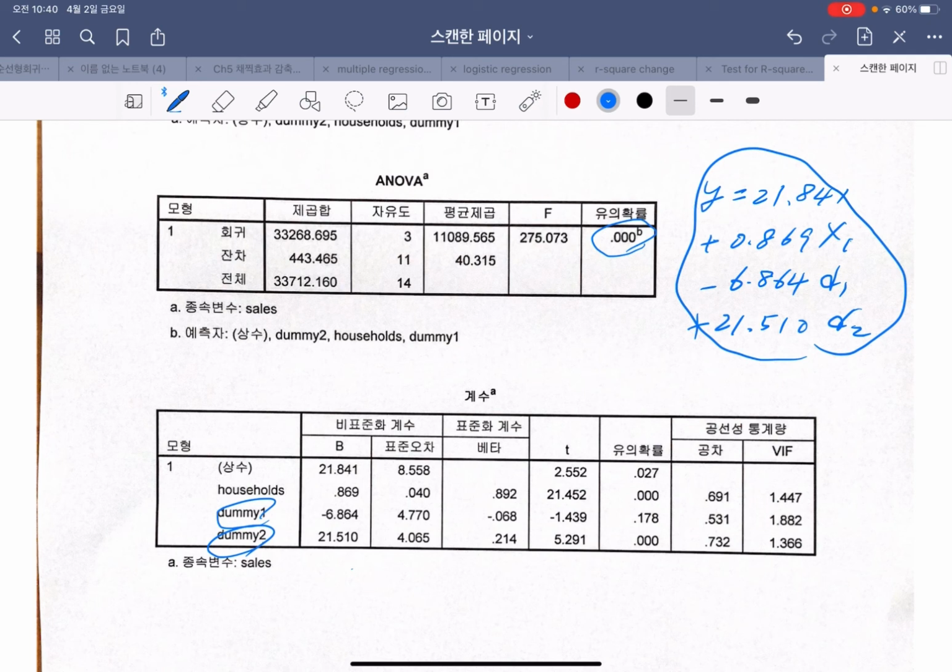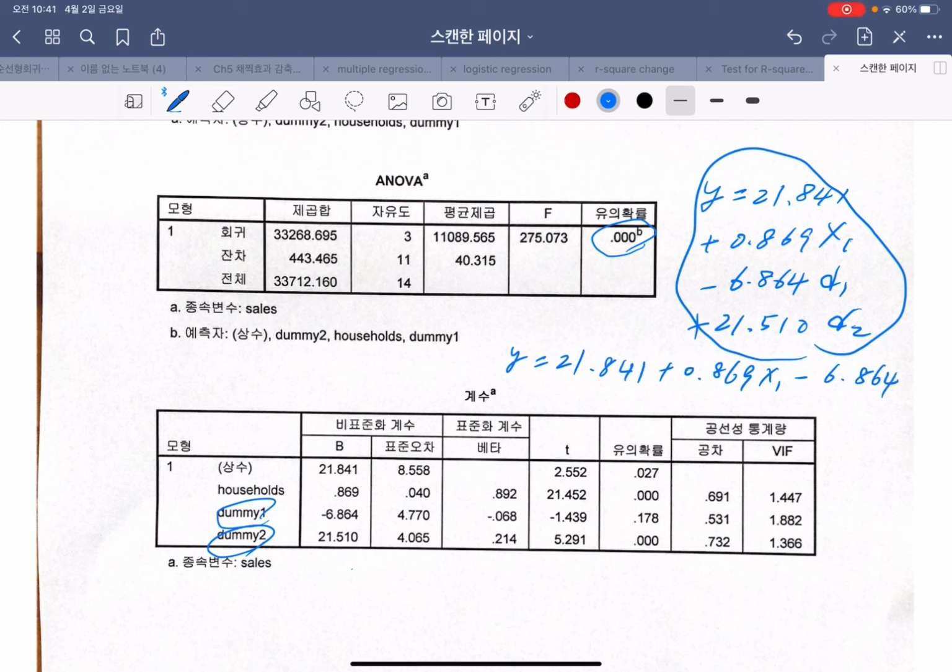From this, you need to create a regression equation for each category. For example, for the street case, remember that for street, I used 1 for dummy 1 and 0 for dummy 2. So you plug in those numbers, and you get y equal to 21.841 plus 0.869 x1 minus 6.864.